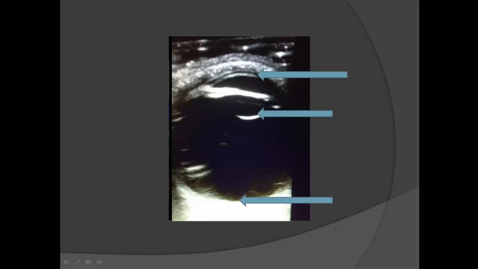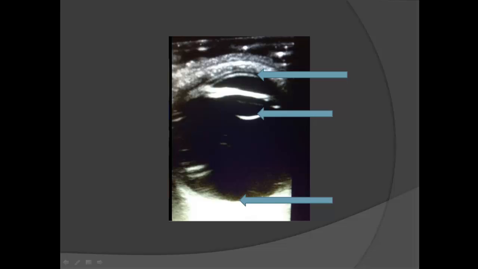So here's a picture of the actual ultrasound of the eye. As you can see, the top arrow is pointing to the cornea. You can see a nice thin hyperechoic structure at the top, followed by a hypoechoic region before you get to the iris and the pupil.